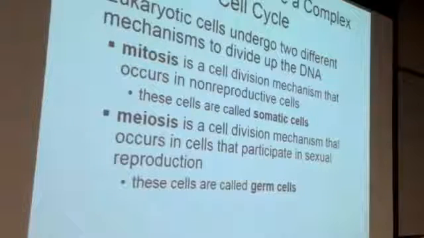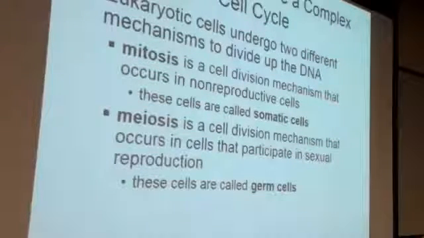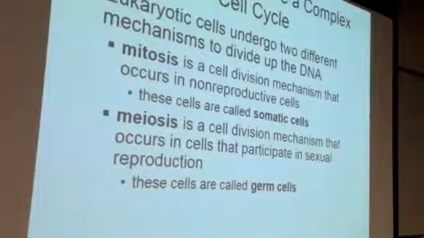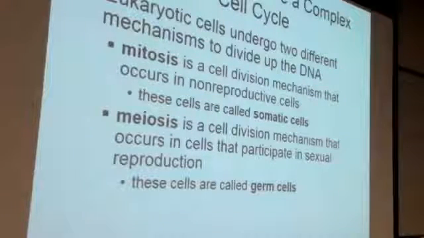Number two, repair. Like that paper cut or any other damage that might have been done. If it has to make new cells, then it will. Now, not all cells have the ability to do that.